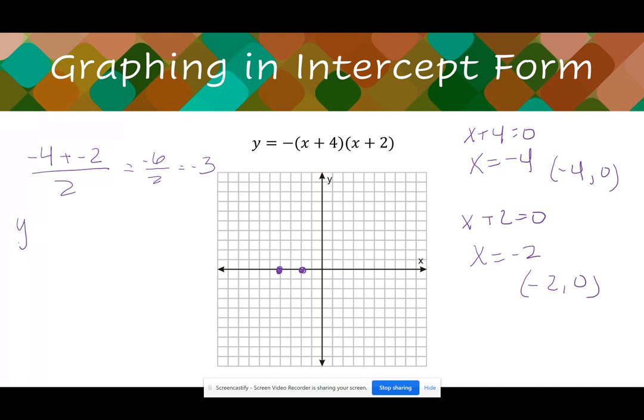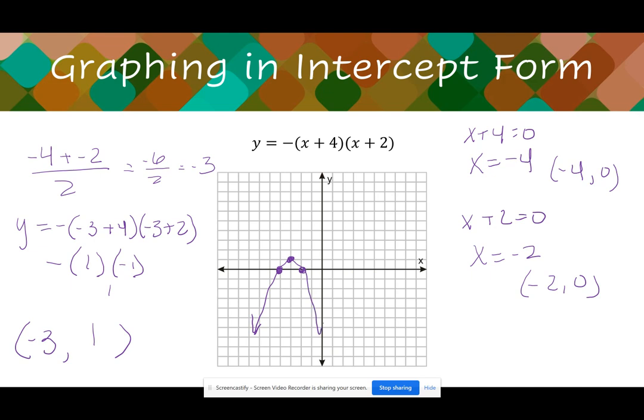Plug that back in. We have negative times (negative 3 plus 4) times (negative 3 plus 2). Negative 3 plus 4 is positive 1. Negative 3 plus 2 is negative 1. So we have negative 1 times 1 times negative 1, which gives us positive 1. Once again, it opens down because of this negative sign.